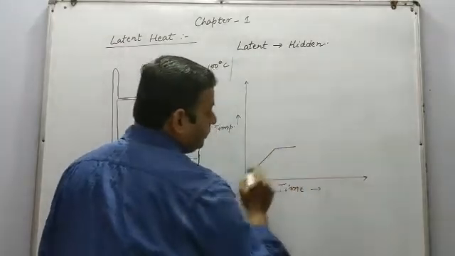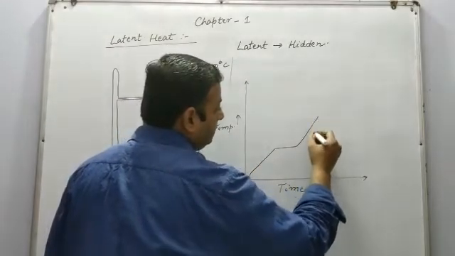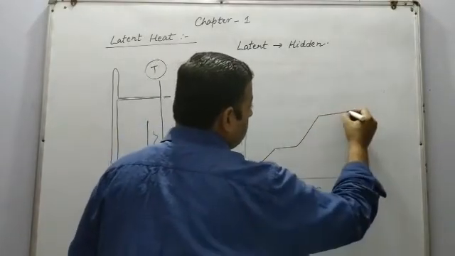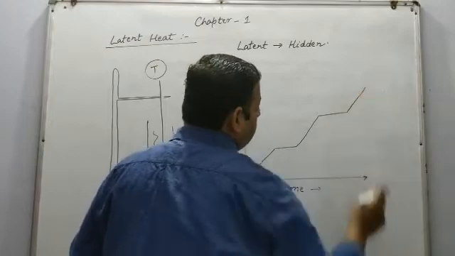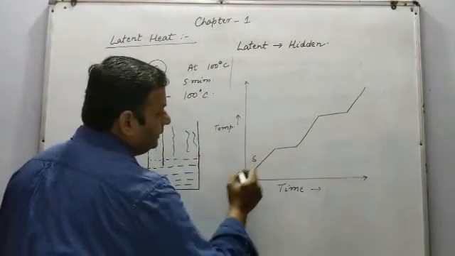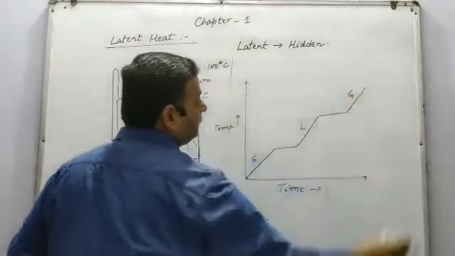Then temperature becomes constant. Then again the temperature increases. Then again the temperature becomes constant. Then again the temperature increases. So this is the state of solid. This is the state of liquid. This is the state of gas.